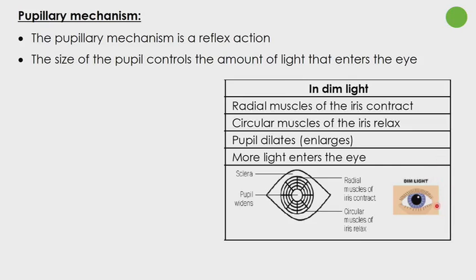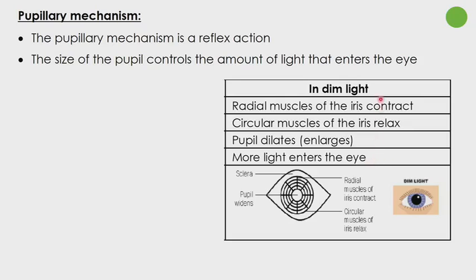So in order to achieve this, our radial muscles of the iris will contract and our circular muscles of the iris will relax. So that is exactly the opposite to what we've seen in a light environment. The consequence of this antagonistic action is that the pupil will dilate and more light will enter the eye.